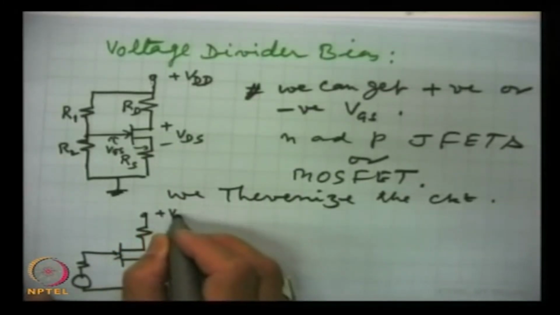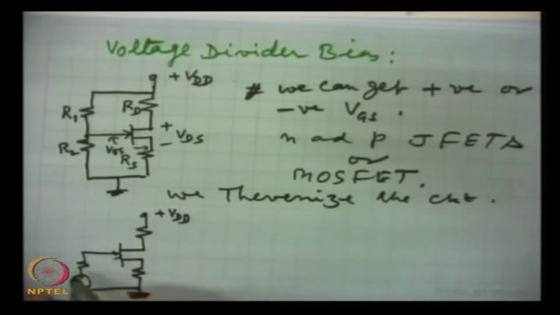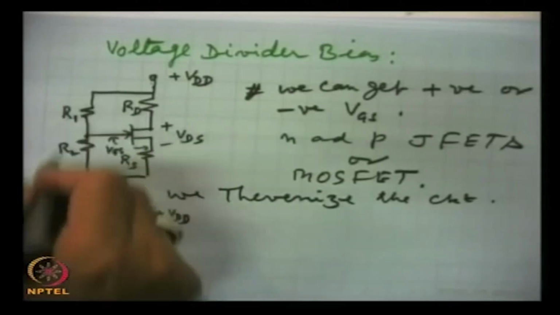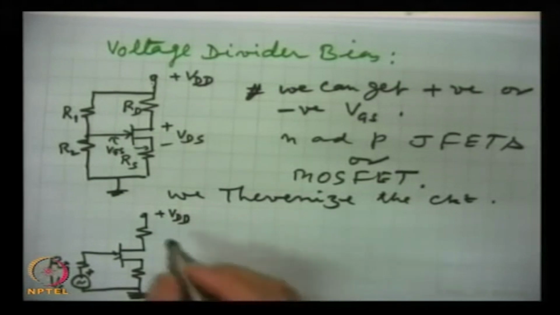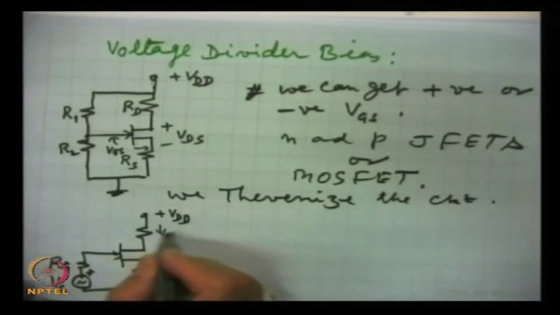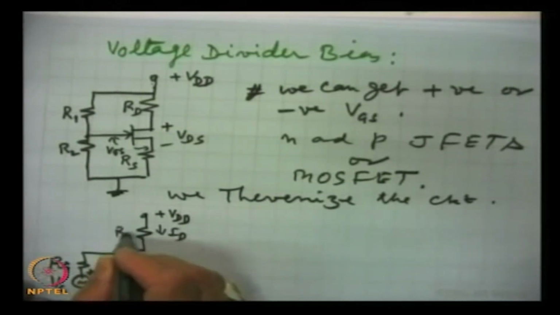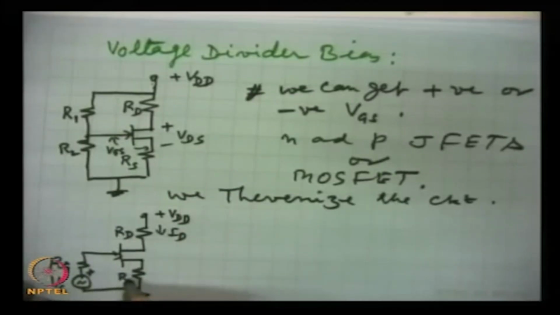This is VDD, and this is the resistance, the Thevenin's equivalent of these two resistances. We will tell how this is determined, and this is the voltage source VG. This is ID, RD, and this is RS.